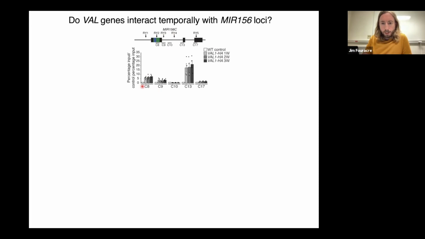In white is the wild-type negative control, and in gray, the temporal series from 1 to 2 to 3 weeks of Val1 binding. What this shows is, firstly, that Val1 has a different affinity for different regions at the MIR156C locus, and it binds particularly strongly around this RY site and this area of the gene. But there is no temporal pattern of Val1 binding. Again, slightly surprisingly, it's pretty flat affinity during vegetative development, which is again not what we were expecting to find.